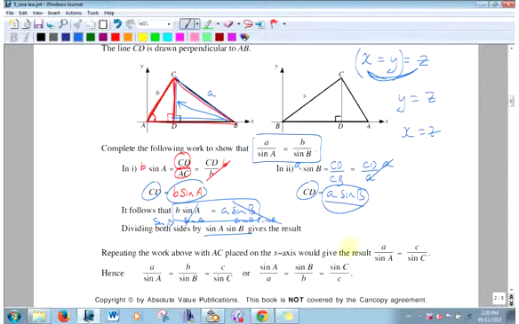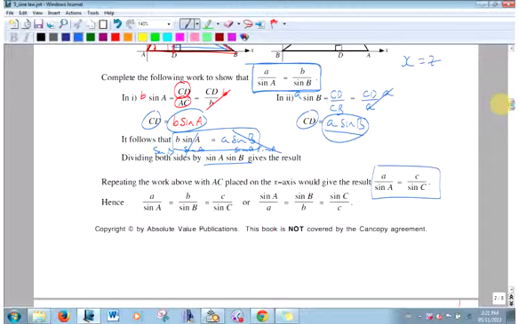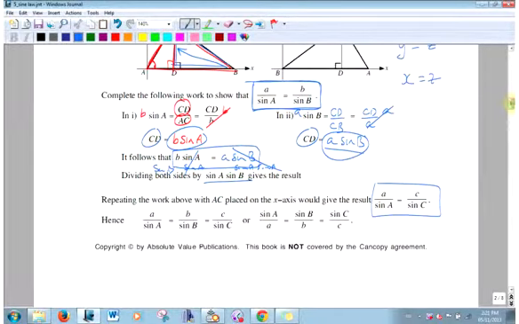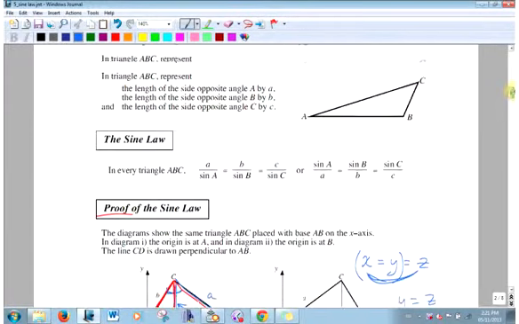A over sine A is B over sine B. This guy. If I did that with the other triangles, I would get the same thing for this angle C. So that is sine law. It's up here.